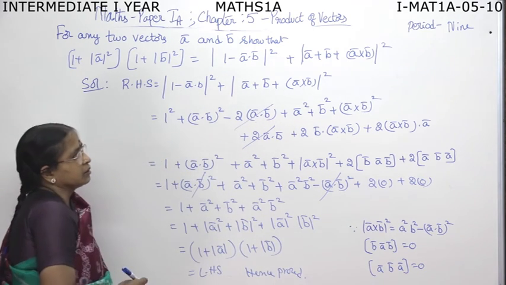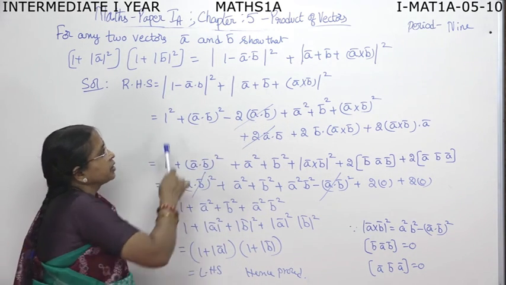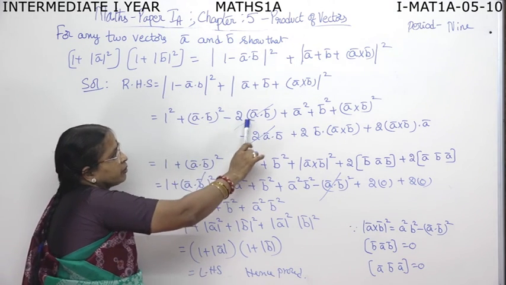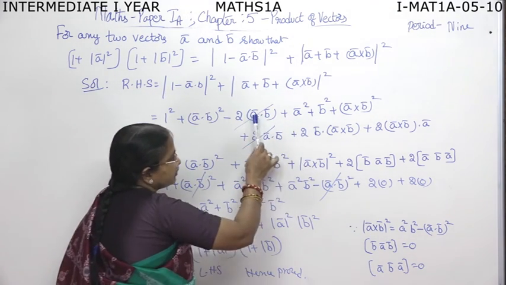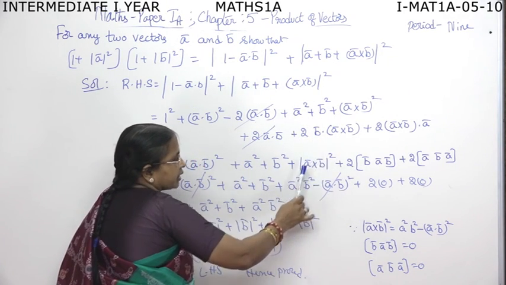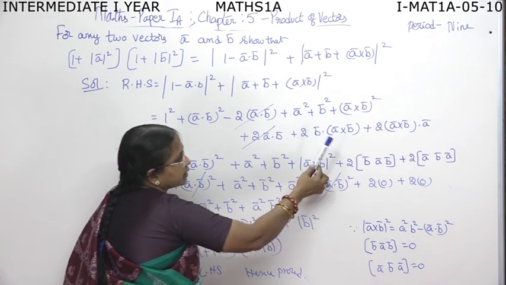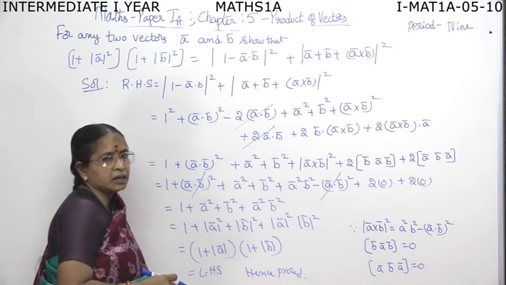So we do like this. Here the points that you have to remember are direct expansion, the A minus B whole square formula, and the A plus B plus C whole square formula. Here the first two get cancelled. Then A cross B whole square you write as mod A cross B whole square. Then there is one dot and one cross between three vectors, that is called a scalar triple product.